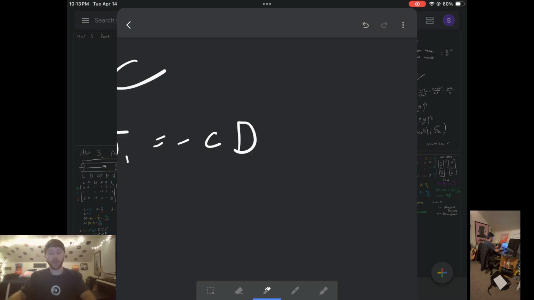And our concentration gradient is just the change in our component fraction over change in position, which we'll say dz.